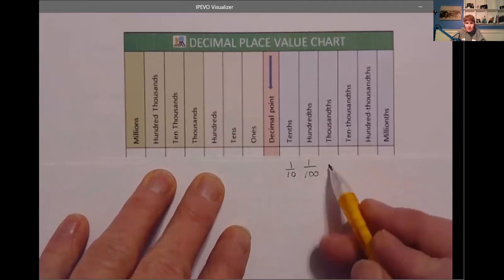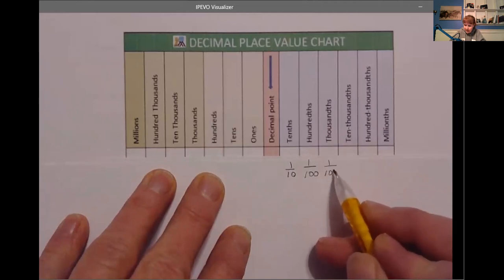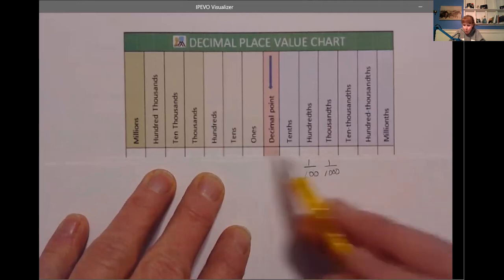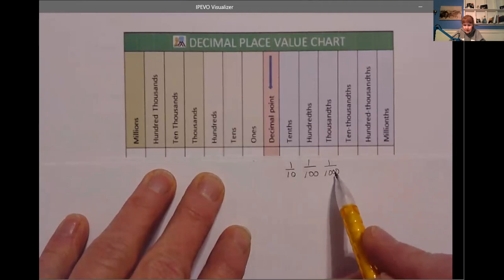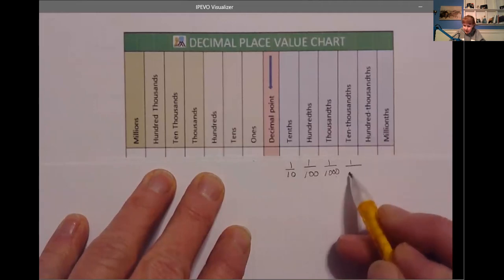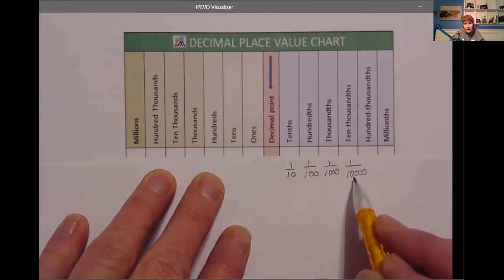Here would be thousandths. So you would have pieces in thousands. They're getting pretty small. If you're taking one and dividing it into 1,000 equal pieces, those are pretty small pieces. 10,000ths, and again, extremely small. You've divided something into 10,000 pieces.